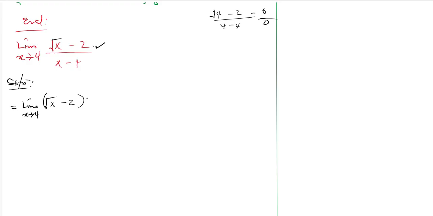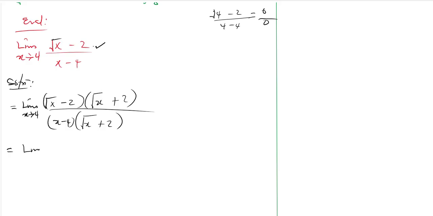So we are going to multiply root x plus 2 all over root x plus 2. And this will give us the limit as x approaches 4.